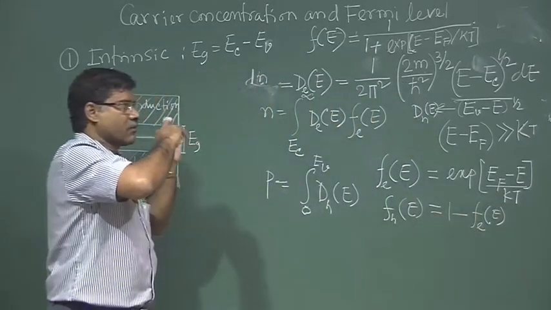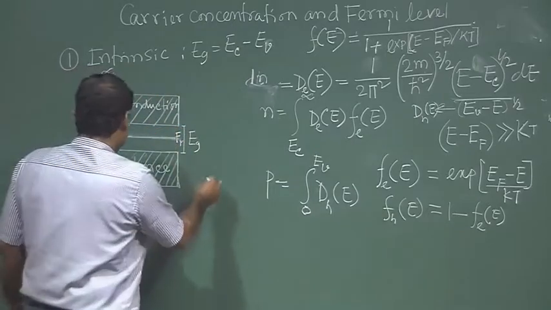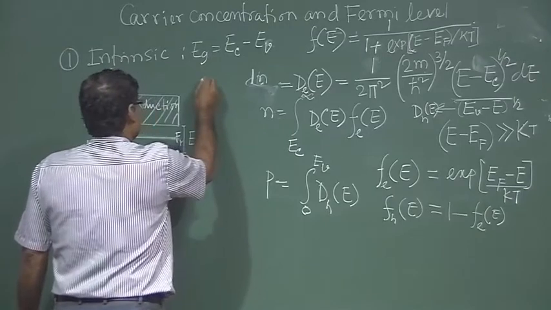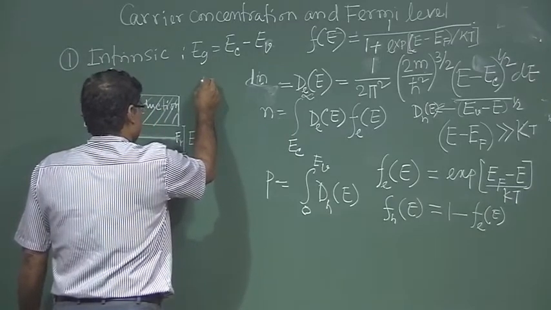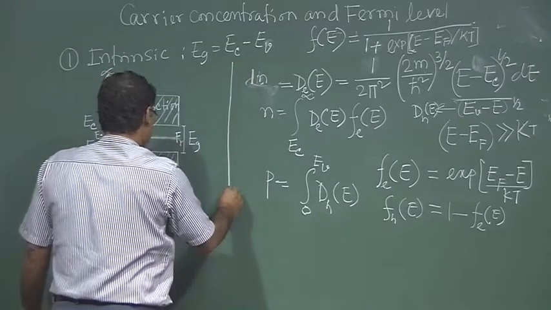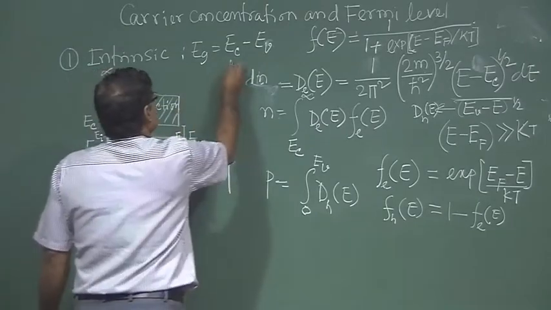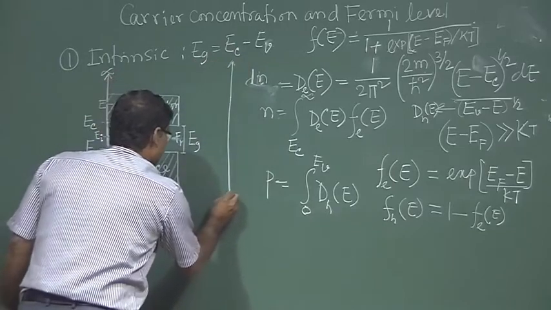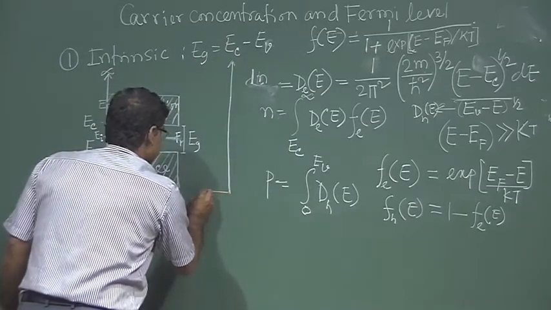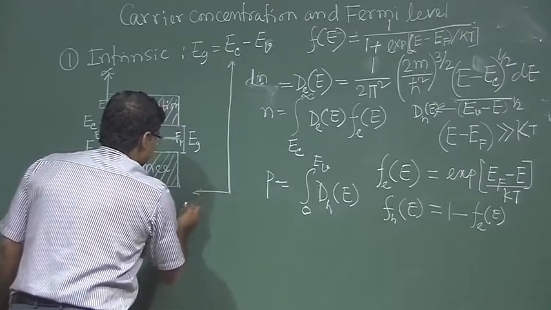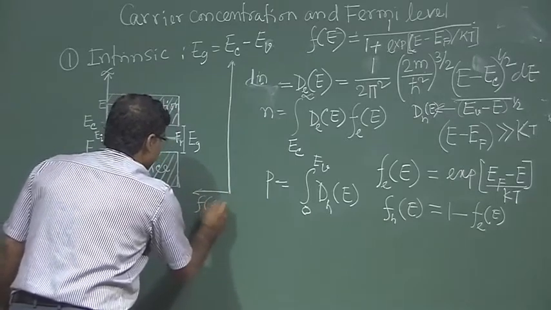So, from Fermi level, if I draw here, yes, this is the energy. Now, this is the Fermi distribution, this side. So, this is Fe.